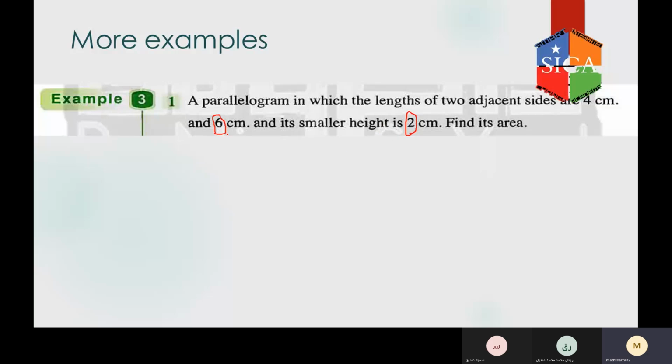So we say 6 times 2 equals 12 square centimeters. Then the area will equal 12 square centimeters.